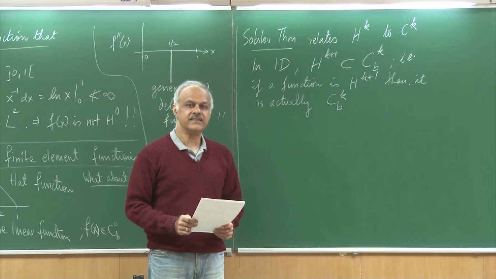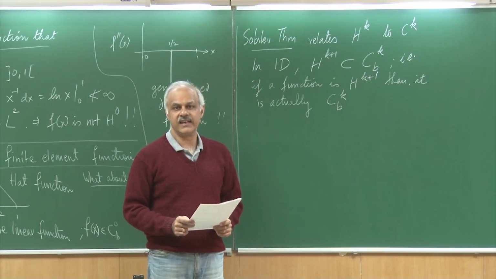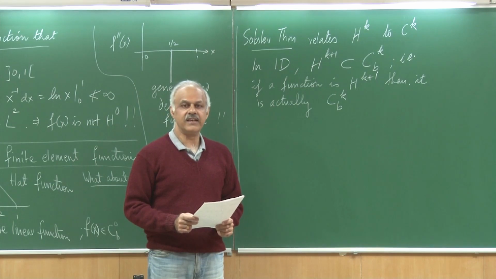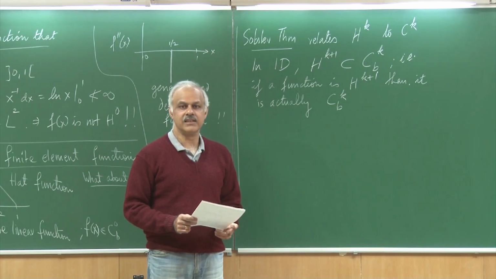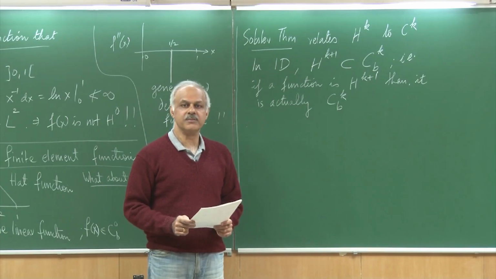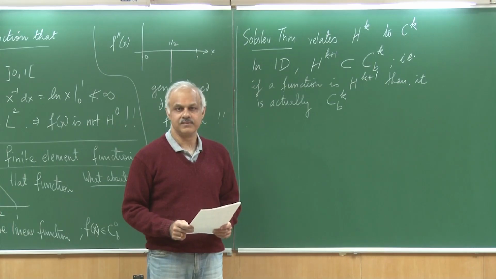What we want to do next is look at the method itself. Here is what we will do in the next session. We will take a very simple problem, actually Poisson's problem, and construct a method to find the approximate solution.